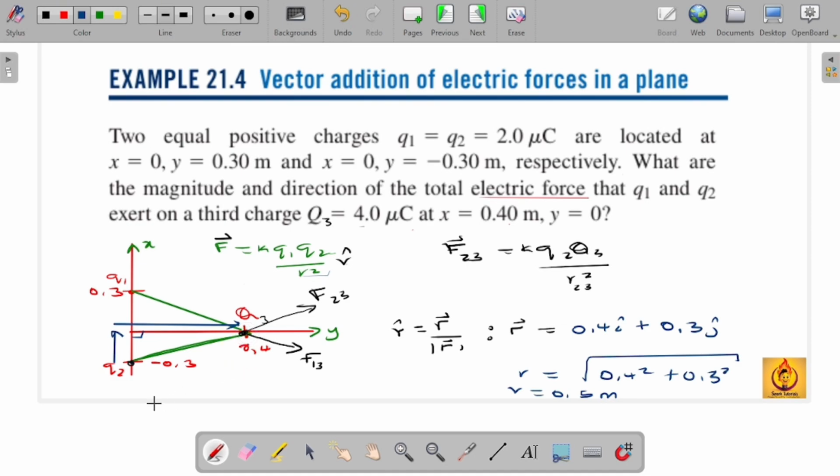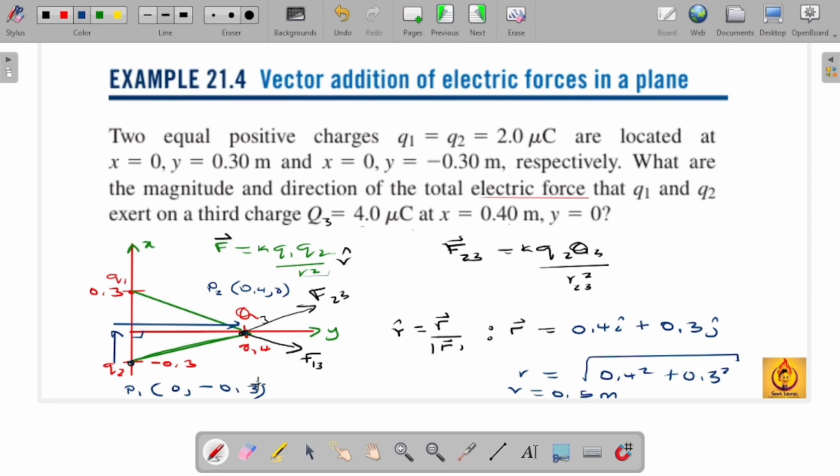Now, because this is displacement, to find the vector from Q2 to Q3, we are going to treat this as one point, and this point has the coordinates 0 in the x, negative 0.3 in the y. This is our first point. We call it P1. And on Q3, we will call it point 2, and it is at 0.4 on the x and 0 on the y.